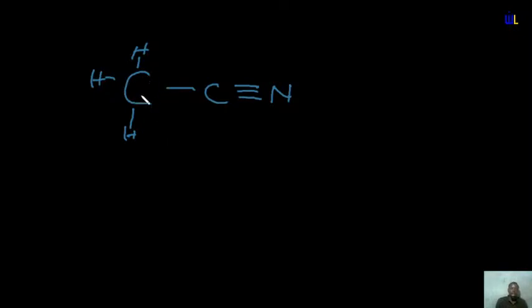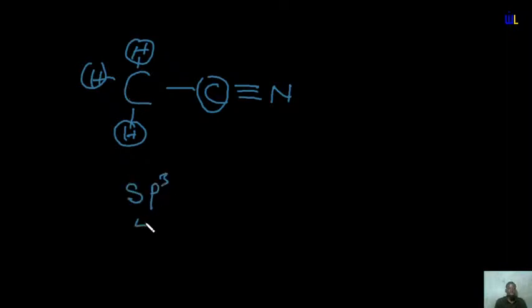In this particular carbon, you have 1, 2, 3, and 4 atoms joined to it, which means this carbon is sp3, because sp3 is an s and 3 p's. That's why this carbon is sp3.